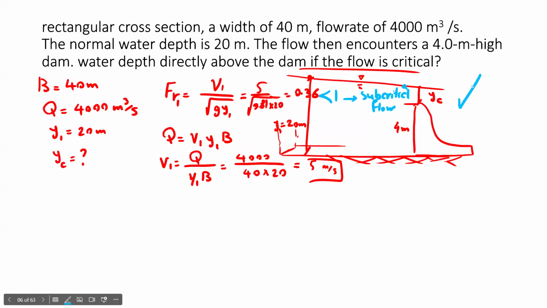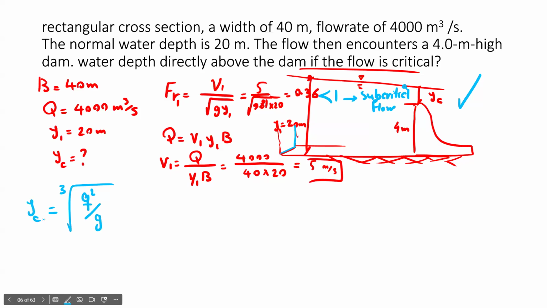Critical depth has two equations, if you remember. One was for any kind of arbitrary cross section. The other one was just for the rectangular. So I'm going to use the rectangular one because this cross section is rectangular. If you remember, the formula was q squared over g, and that was YC cubed.